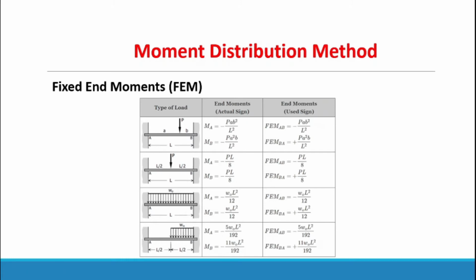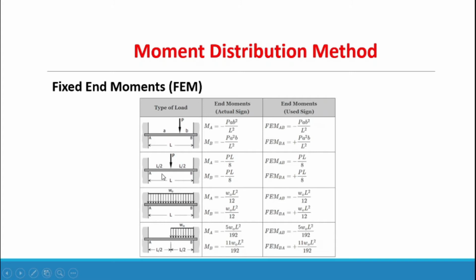The fixed end moment at AB is equal to negative Pab squared all over L squared. For moment at B, it is equal to negative Pa squared b all over L squared, or the fixed end moment of BA is of the opposite sign, which is positive Pa squared b all over L squared.